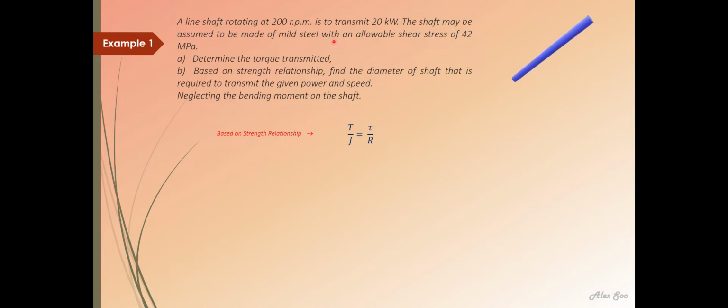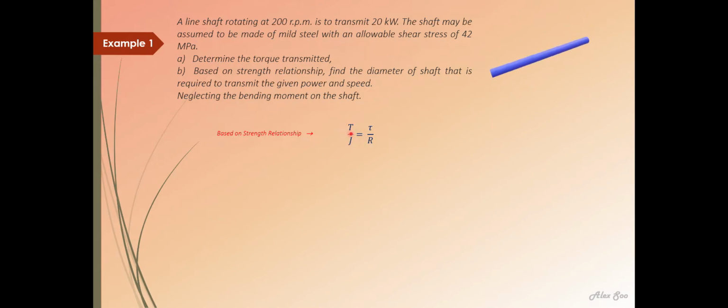They have given us the allowable shear stress, or you may consider this as the maximum shear stress, of 42 megapascal. The radius is what you have to find, and based on the polar moment of inertia, which is pi d4 over 32, you will be able to find the diameter of the shaft.